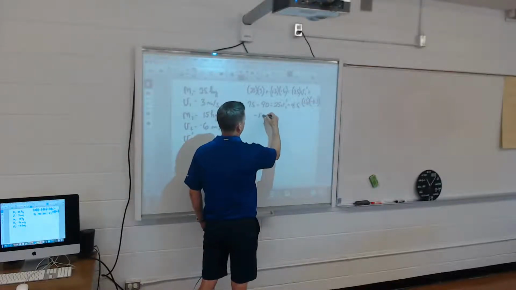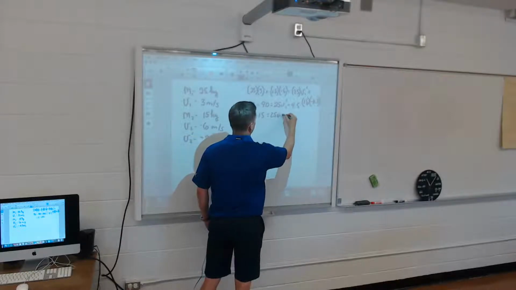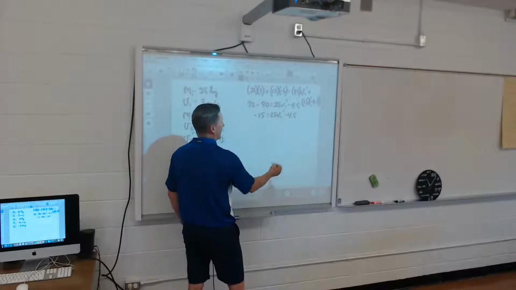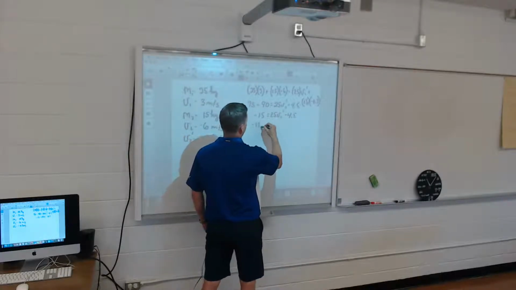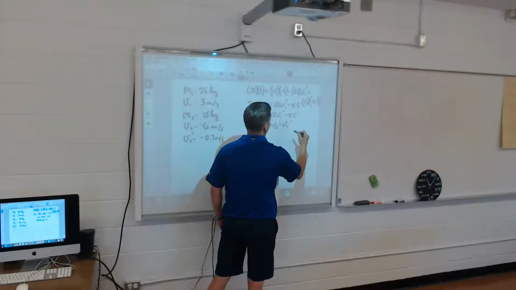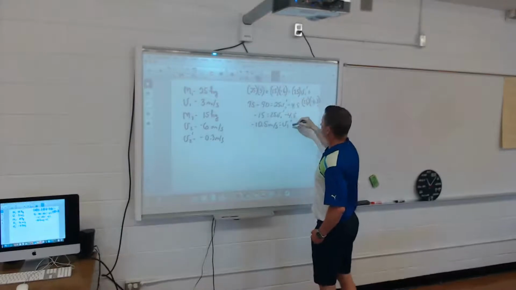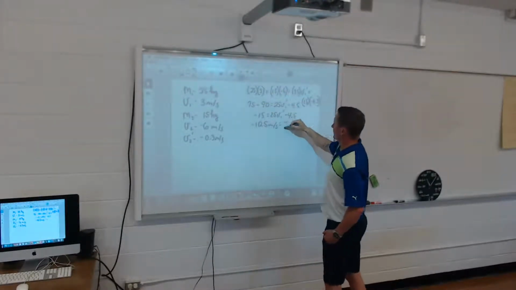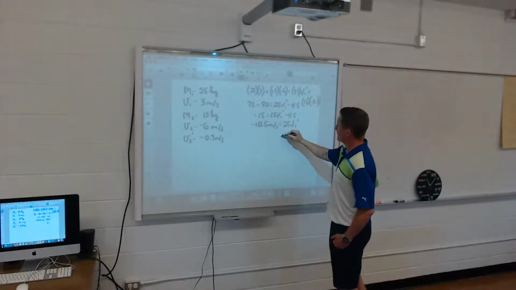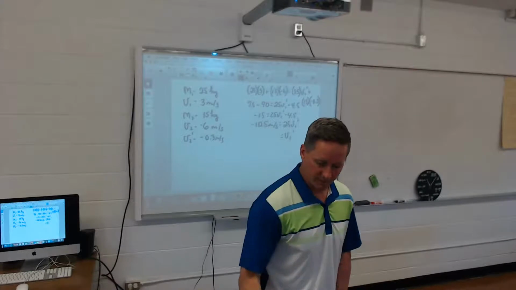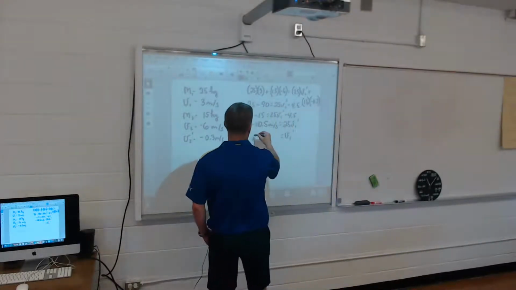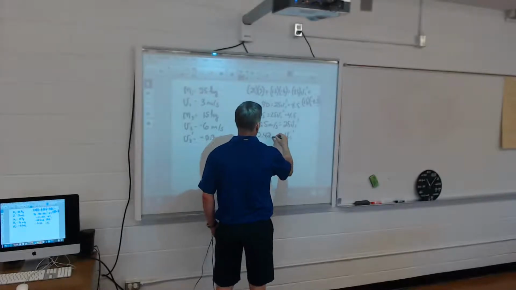So I've got minus 15, right? Add 4.5 to this, that's minus 10.5 meters per second is your V1 prime. Oh, sorry, that's not right. It's 25 times V1 prime. Now I have to divide by 25. So I take 10.5, so I end up with minus 0.42 meters per second.